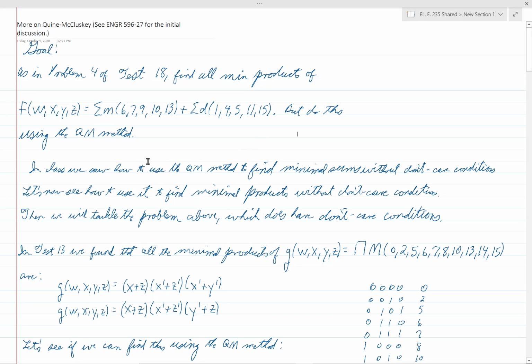Now in class we have seen how, let's see. Actually, let me say what happened in class on Friday, October 9th, and it's in the Zoom session: we went over the notes for this ENGR 596-27 very quickly, and if you're interested in this, I don't recommend that you go back and look at the Zoom session for October 9th.